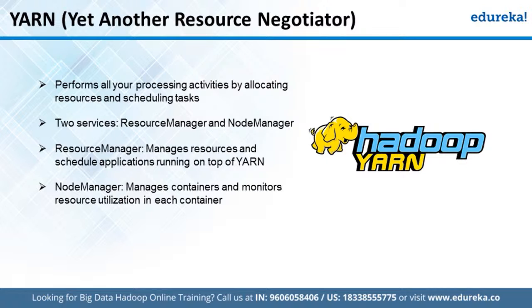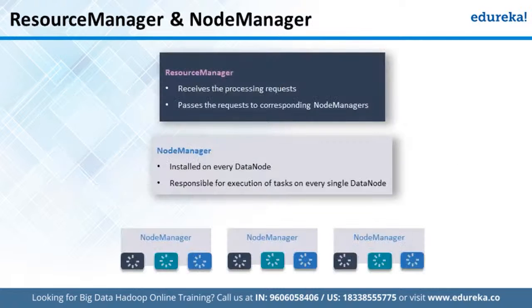Earlier it used to be called the controller, but in recent versions they changed the name to resource manager and node manager. The resource manager manages resources and schedules applications running on top of YARN. The node manager manages containers and monitors resource utilization in each container.